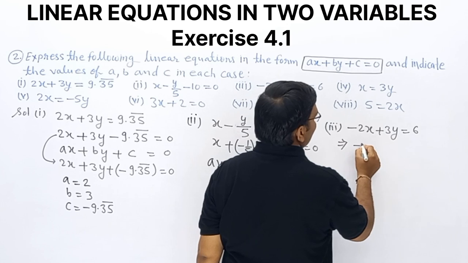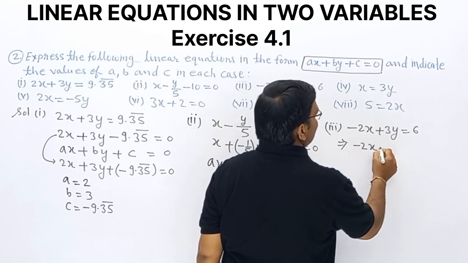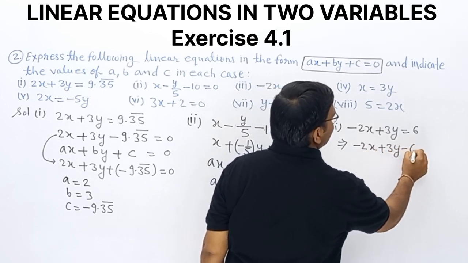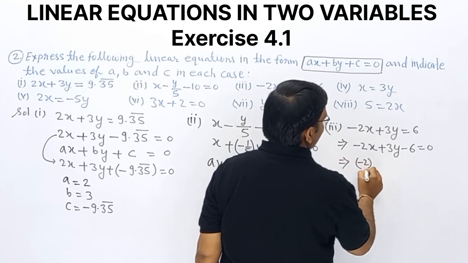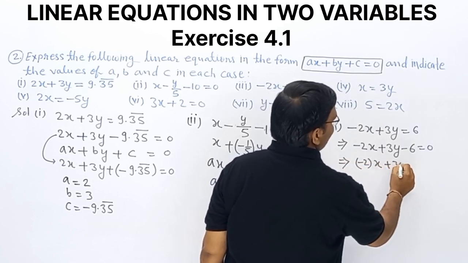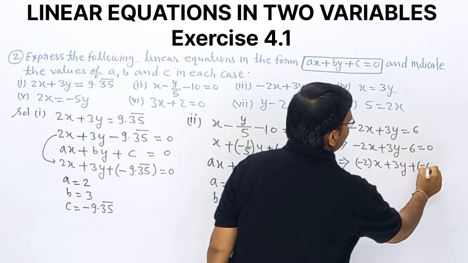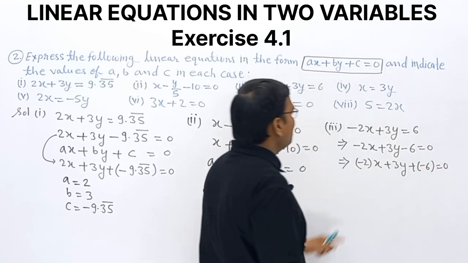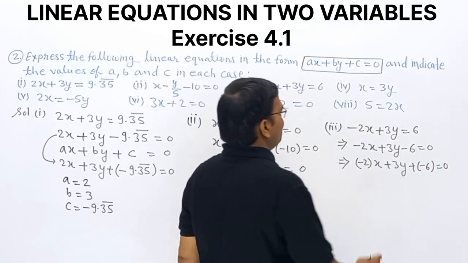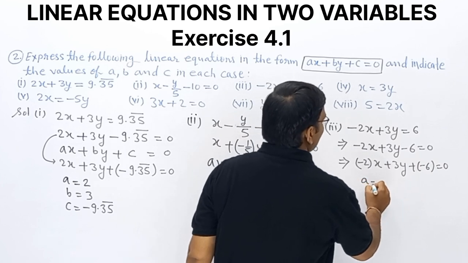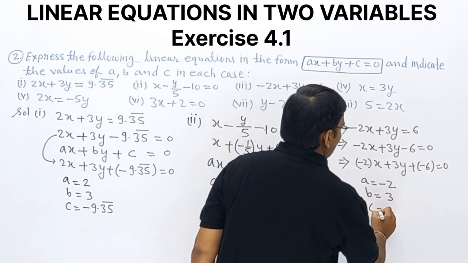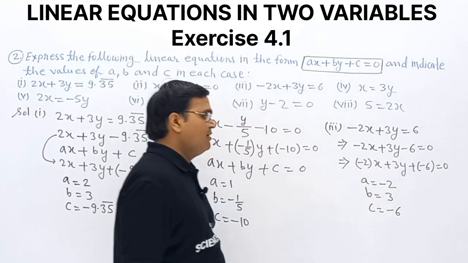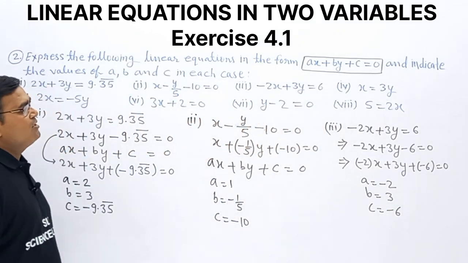This can be written as minus 2x plus 3y minus 6 equal to 0, or minus 2x plus 3y plus minus 6 equal to 0. Comparing with the general form, a equals minus 2, b equals 3, and c equals minus 6. So we obtained the a, b, c values.